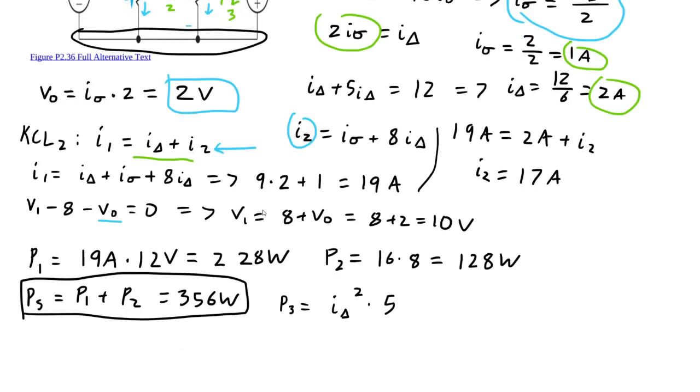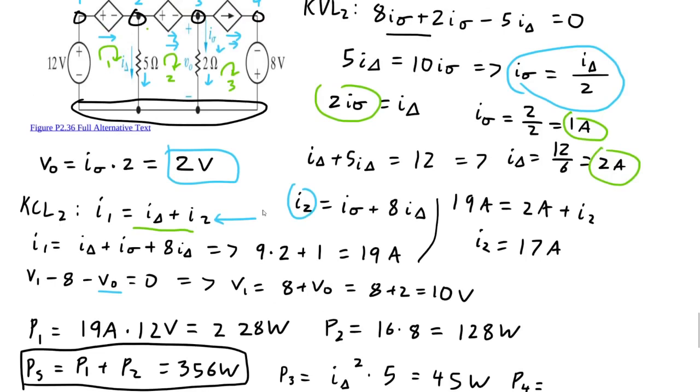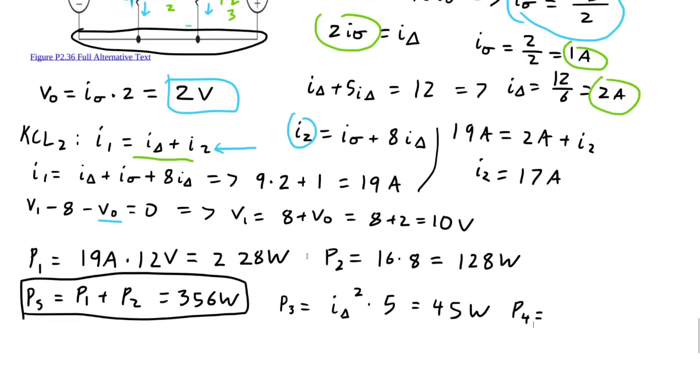So I delta is 2. 2 squared times 5 is 45 watts dissipated. I'll say P4, we'll do a resistor because it's easy. I sigma squared times 2. So I sigma is 1 amp. 1 squared times 2 is 2 watts.